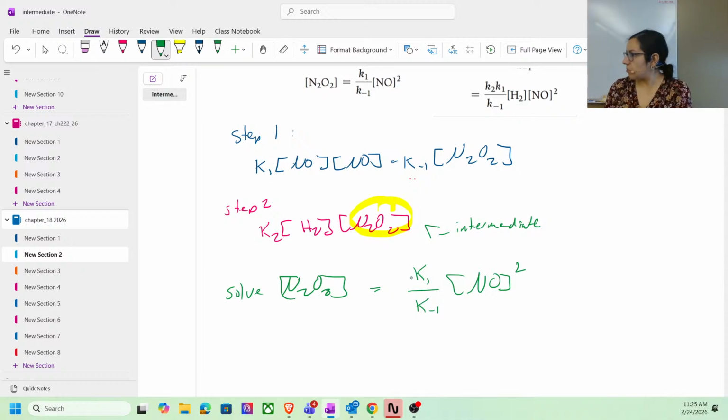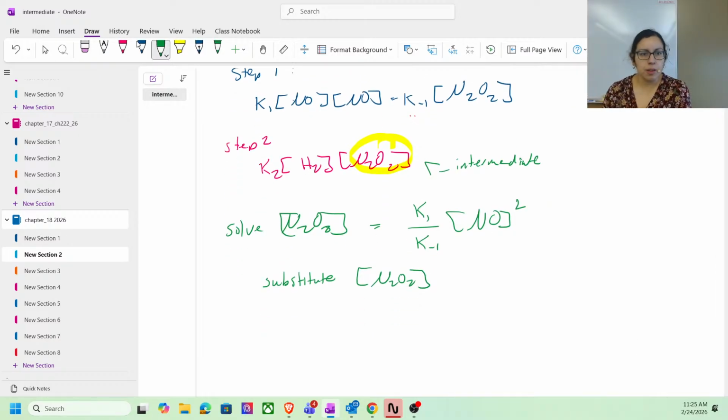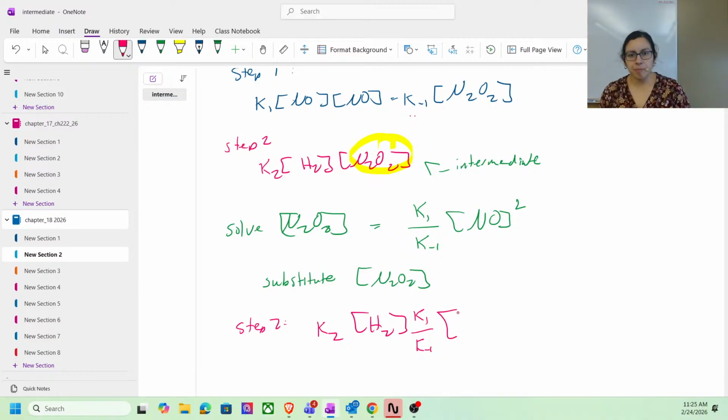So now we have this expression, and now we can substitute back in for step 2. I'm rewriting step 2, but now defined in terms of this. So this simplifies to K2 times H2, and all these K's we can simplify to an overall new K, times NO squared.